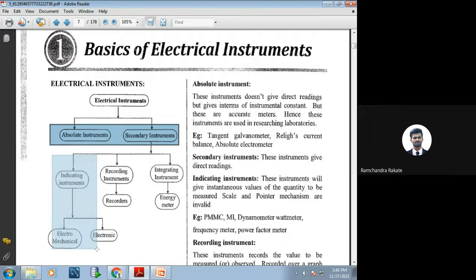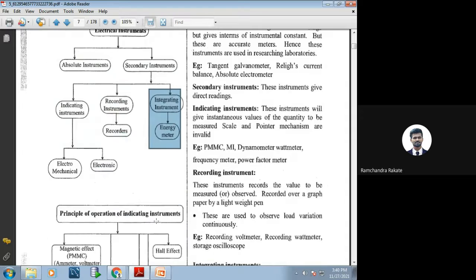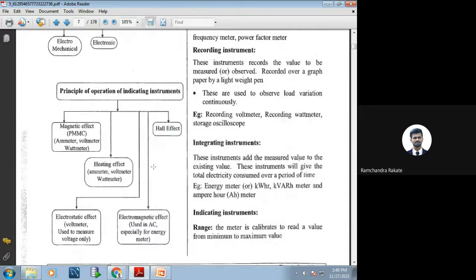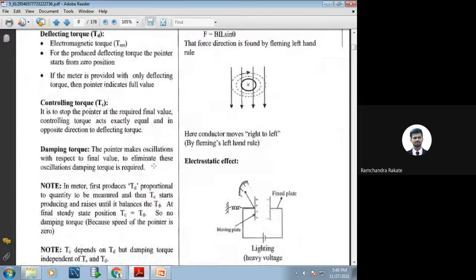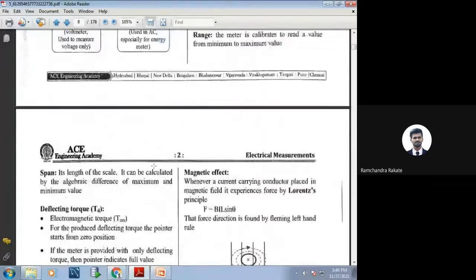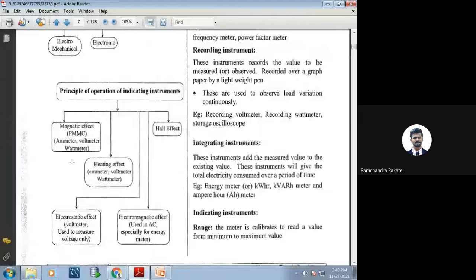These are the basic categories, then recording and integrating. Now we'll start with the basic torque. Before proceeding, let us understand the different devices categorized on the basis of indicating instrument. Just have a look, or you can take a screenshot of it.